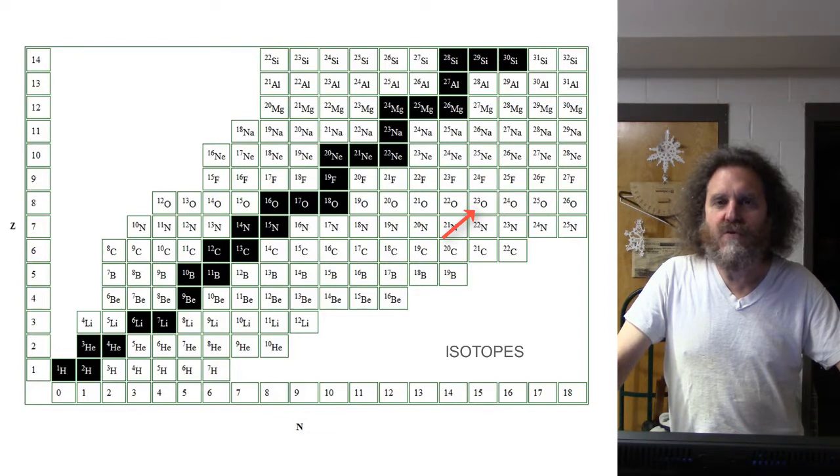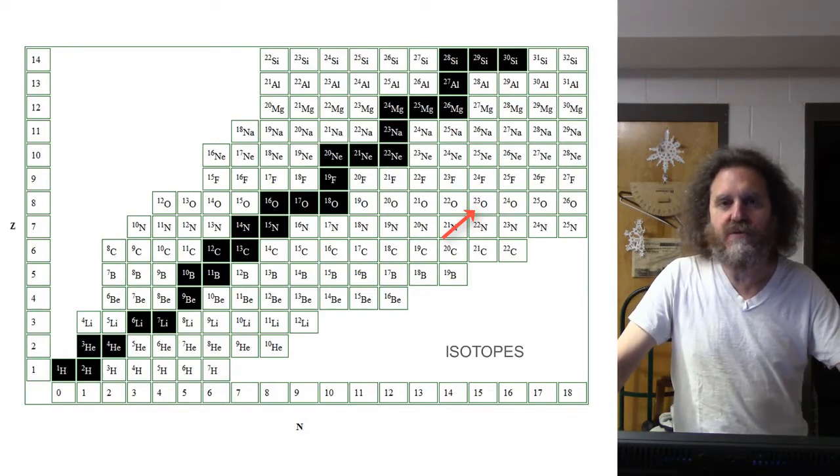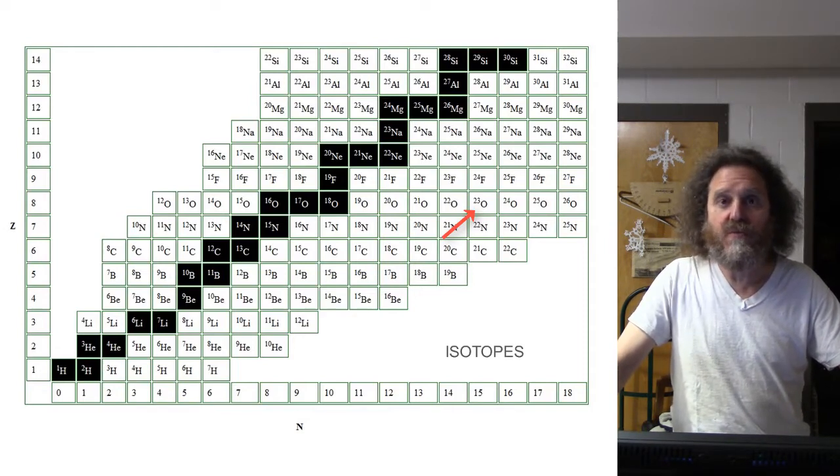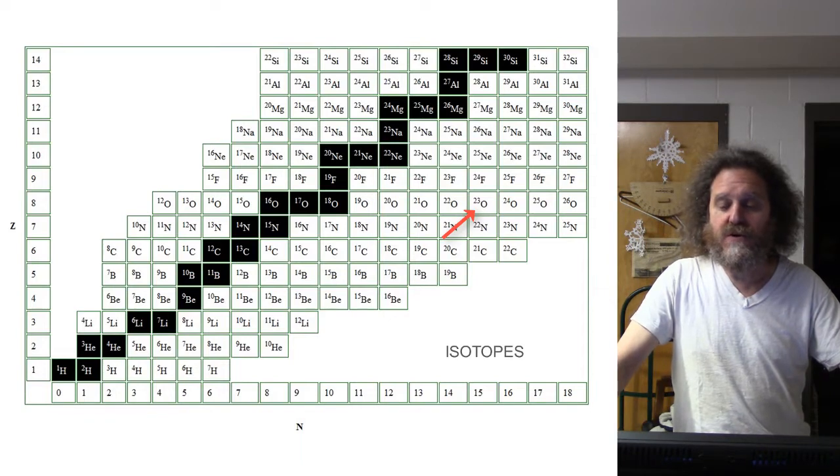It can exist for a while, but eventually undergoes what's called radioactive decay and switches into another isotope. In the case of oxygen-23, that decay process is called beta minus decay. What happens is a neutron switches into a proton. It's got 15 neutrons and only 8 protons. That is not very stable, and it's more stable for one of those neutrons to switch into a proton.